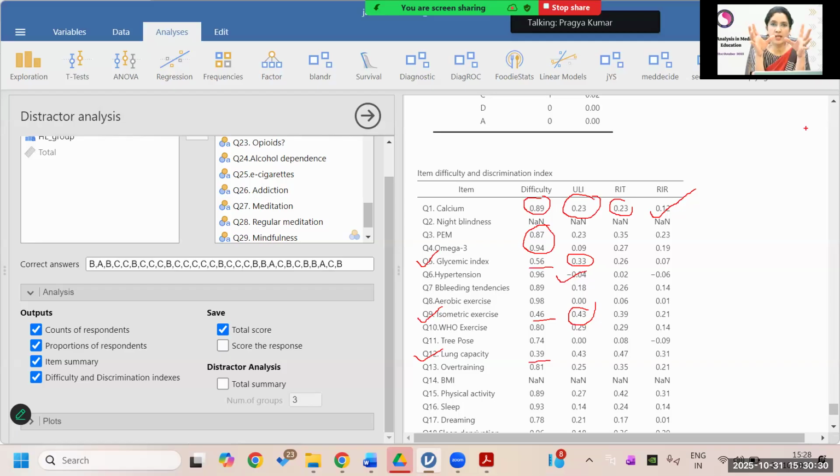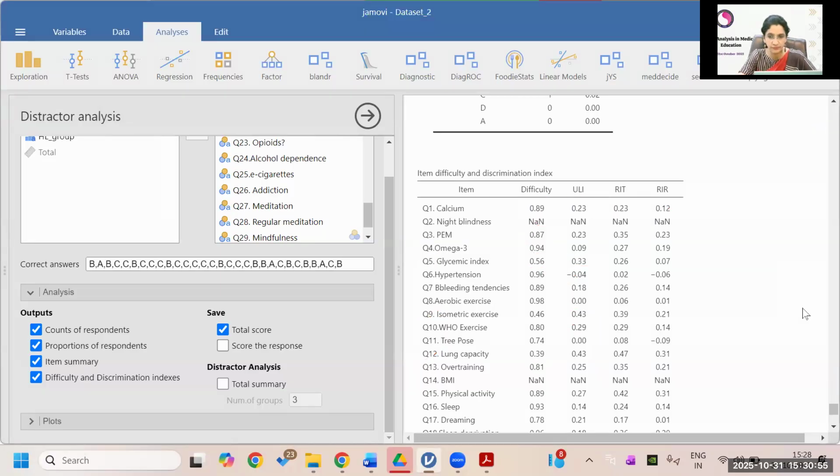So this shows that either there is some problem in the wording of the item, or there can be a possibility that you have entered a wrong key. So that also you need to check. There can be many options how you will correct or revise that item. So a negative ULI means the people in the lower segment have answered it correctly, right?